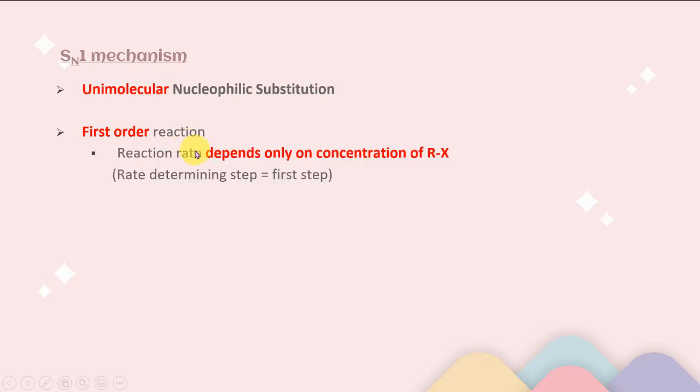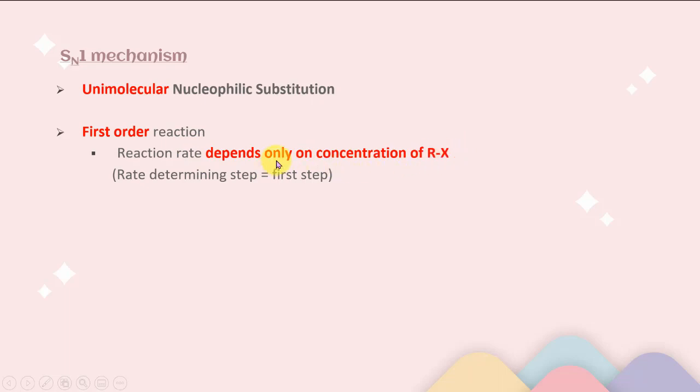We want to look at the characteristics of this SN1 mechanism. First of all, the name is unimolecular nucleophilic substitution. The SN1 mechanism is a first order reaction, as the reaction rate depends only on the concentration of the haloalkane RX.